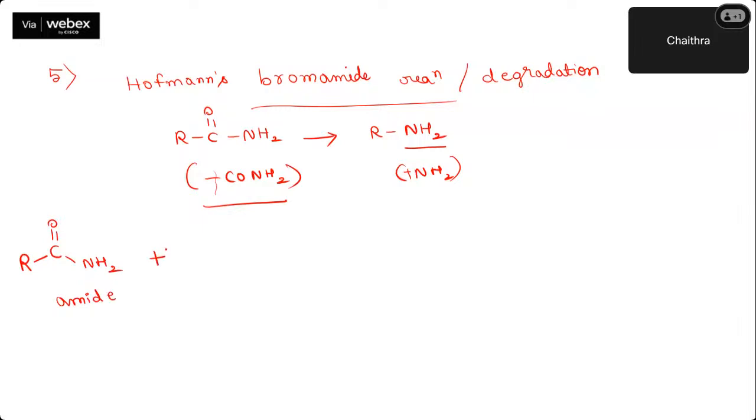Plus, the reagent for Hoffman's bromamide reaction means you have to treat this amide with bromine. Plus, I will take a strong base, whether KOH or NaOH, anything you can take. I require 4 moles of KOH. I'll write KOH only. Next, show the heating symbol.